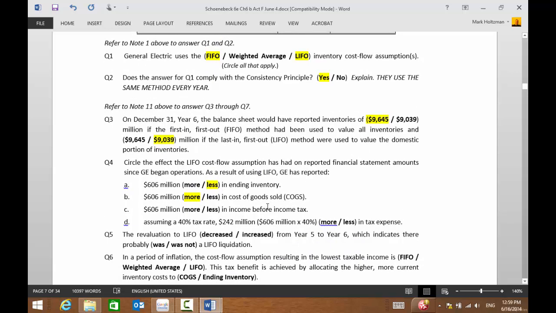Right? Because the inventory costs more. And how about income before income tax? Less. And how do you think this would affect their tax expense? Well, assuming a 40% tax rate, that's a tax difference of $606 million times 40%, or $242 million. Is that less tax expense or more tax expense? Less.